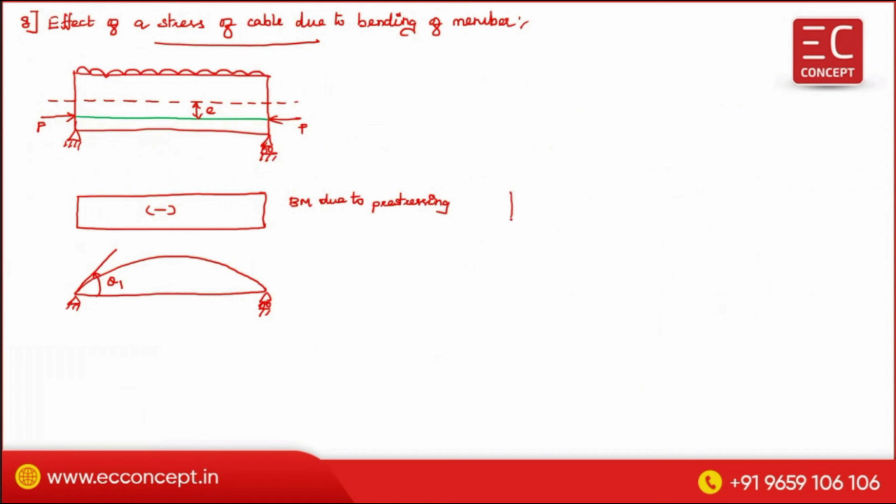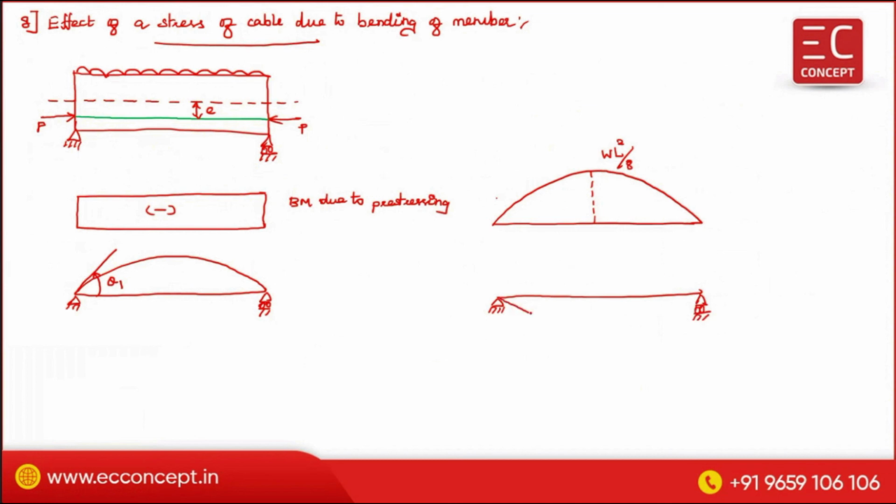What is the bending diagram that we will get? The bending diagram is this one, and this value is WL square divided by 8. And because of this, it will deflect something like that.